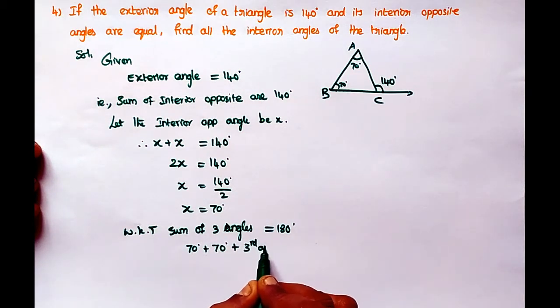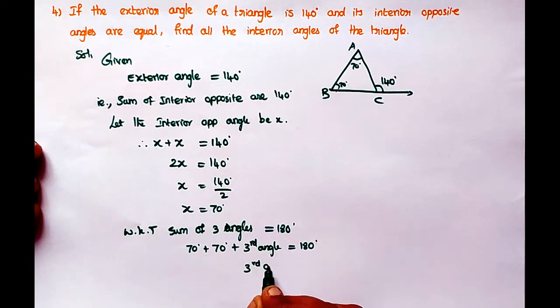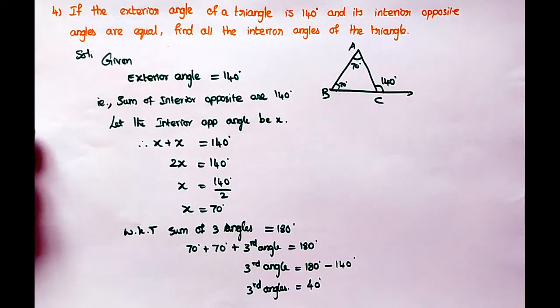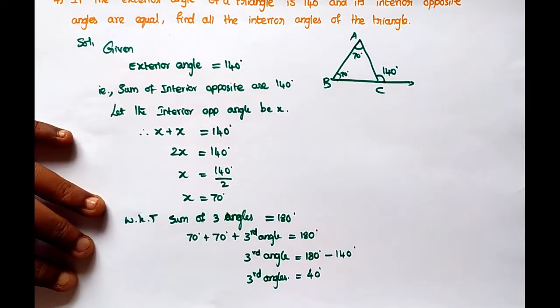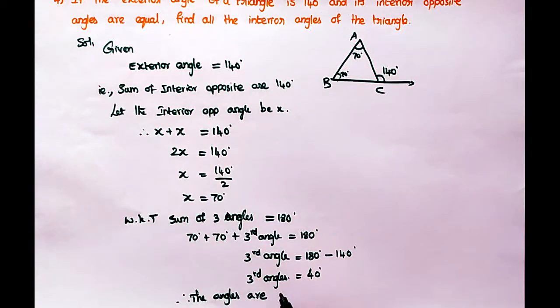So third angle equals 180, here add means 140, so bring this side means minus 140 degrees. So that is 40 degrees. Third angle is 40 degrees. Therefore the angles are 40 degrees, 70 degrees and 70 degrees. That is the answer.